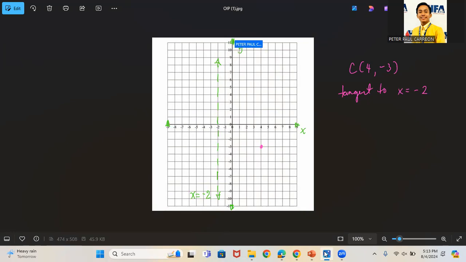Since it is tangent to x = -2, the circle must touch that coordinate here, -2. So let's count the distance. We have 1, 2, 3, 4, 5, 6. So exactly, we'll also move 6 units: 2, 4, 6, then 2, 4, 6, then 2, 4, 6.